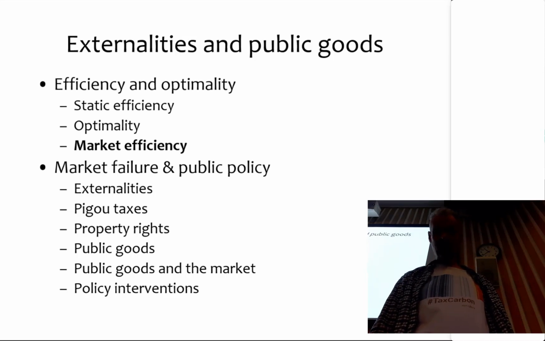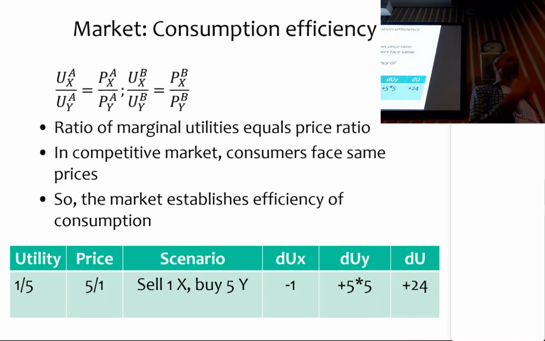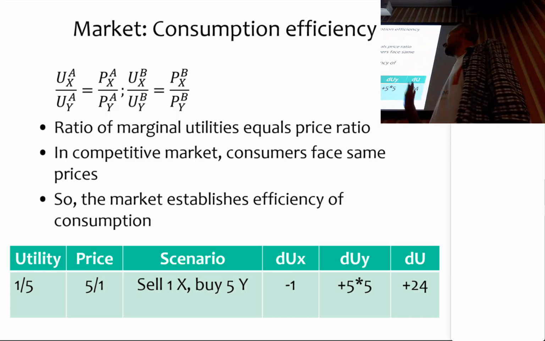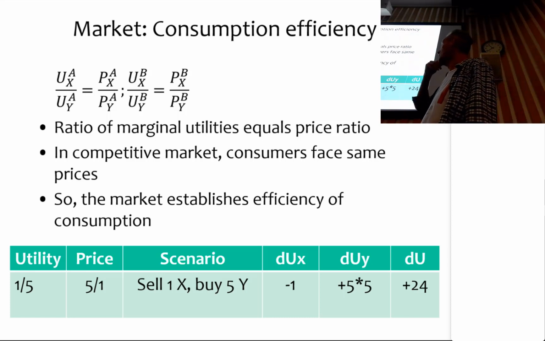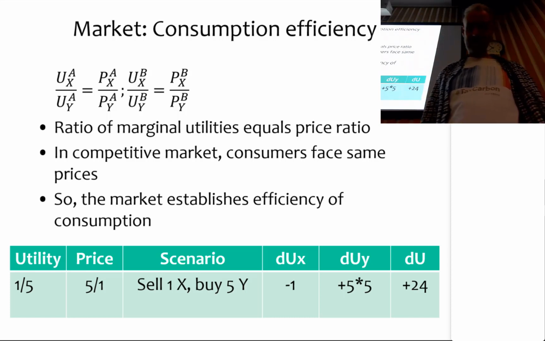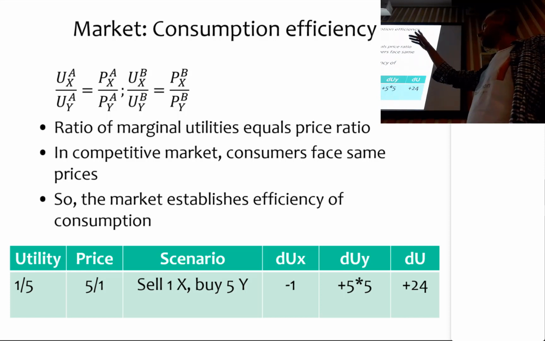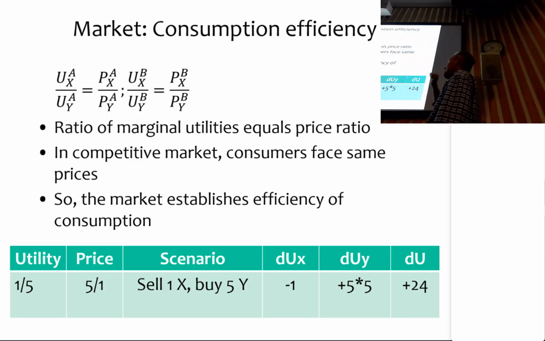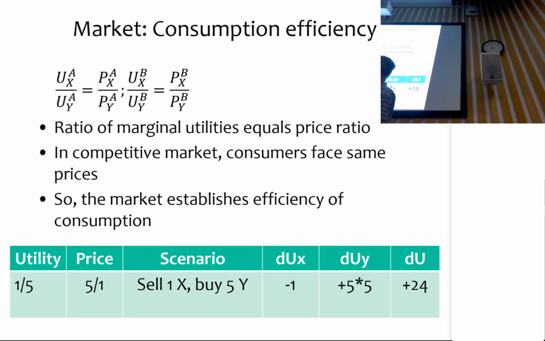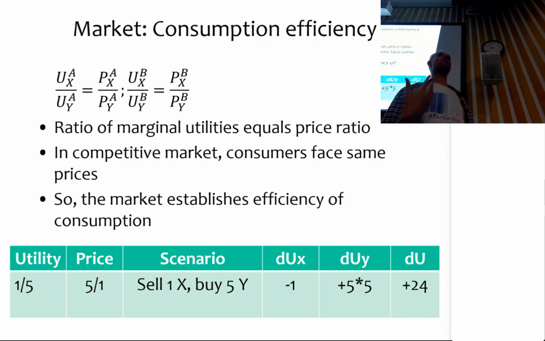Now, we can do the same thing in a market economy. And then essentially what you find is that the marginal rate of substitution, right, is what I called it. Marginal rate of substitution is on the consumption side, marginal rate of transformation is on the production side. Then the marginal rate of substitution should be equal to the price ratio.